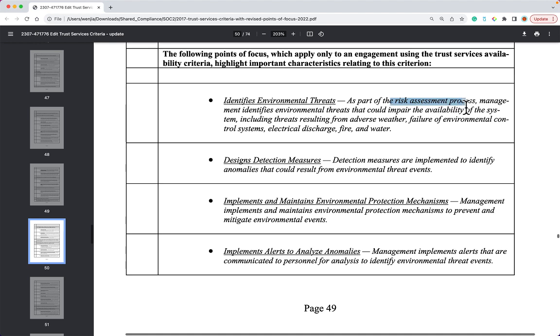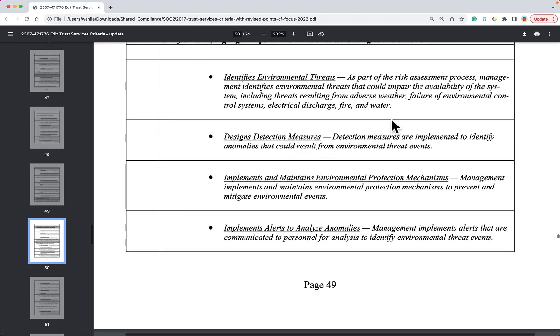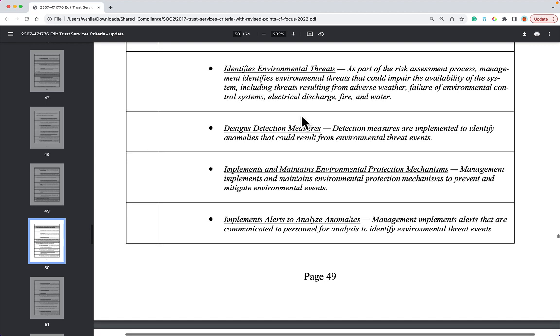So this is part of the risk assessment process, and we can see when you are doing the risk assessment, it's not only the software features. You need to consider the hardware circumstance, the physical circumstance too.